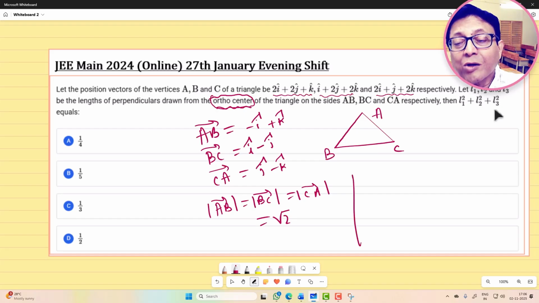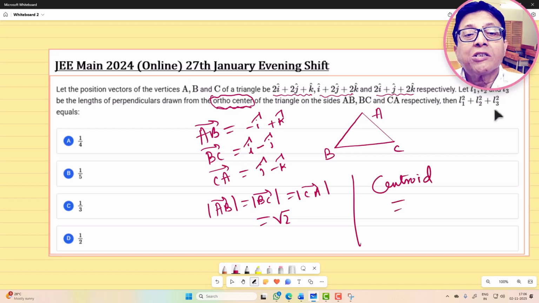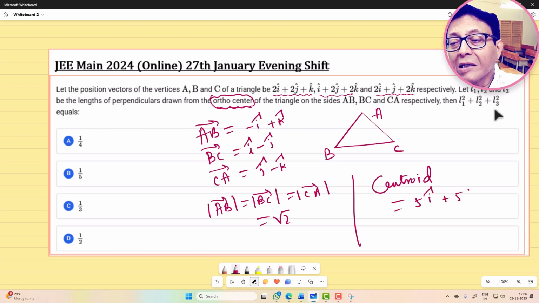What is the centroid over there? Centroid is going to be the position vectors A plus B plus C. If you add 2i, i, 2i, 5i, 2j, it will be 5j plus 5k, by 3.